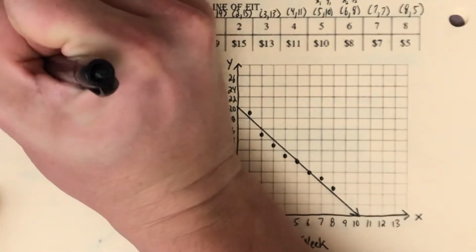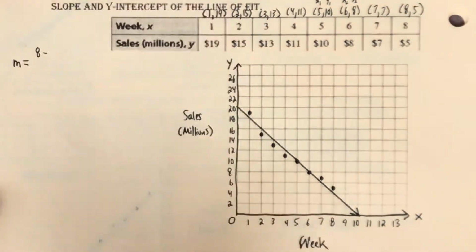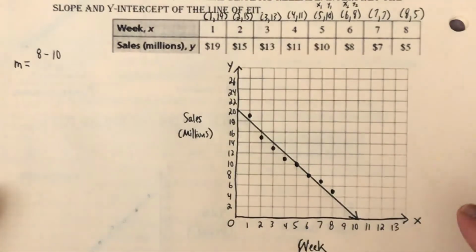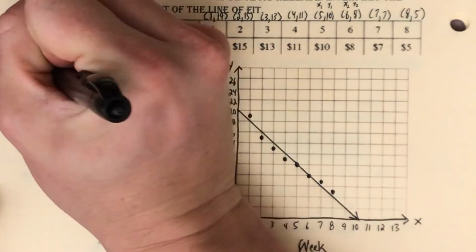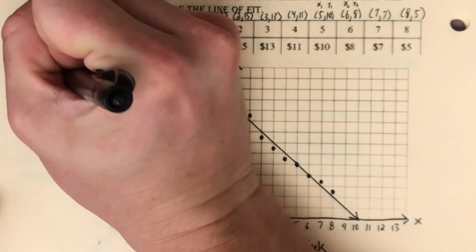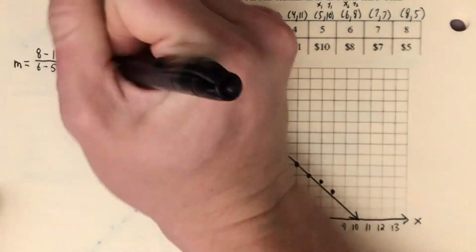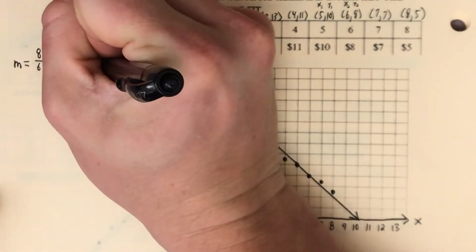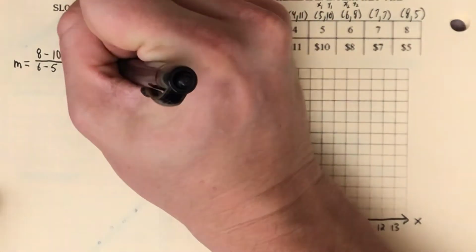So I'm going to say m equals y2, which is 8, minus y1, which is 10, over x2, which is 6, minus x1, which is 5. So I've got on the top 8 minus 10, which is negative 2. And then on the bottom, I've got 6 minus 5, which is 1. And negative 2 over 1 is the same as just negative 2.